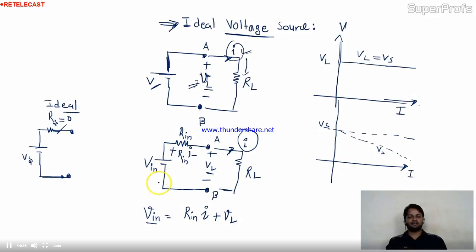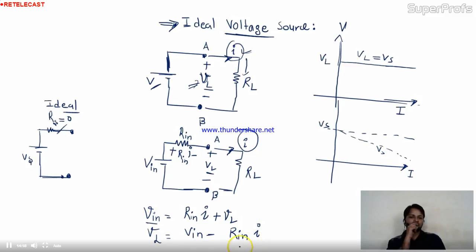See, this is simply we are moving from Vin, getting Vin minus this and minus VL. It's over. Is it okay? So you are arranging delivered voltage is equal to the absorbed voltage. Now what is the value of VL actually? VL is nothing but Vin minus Rin I. Okay.